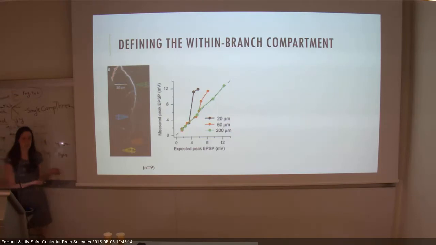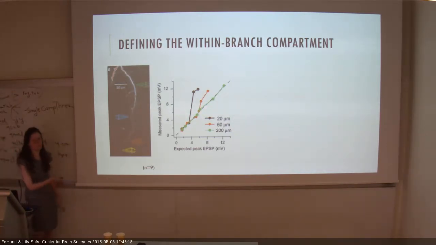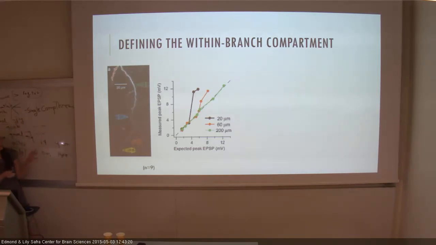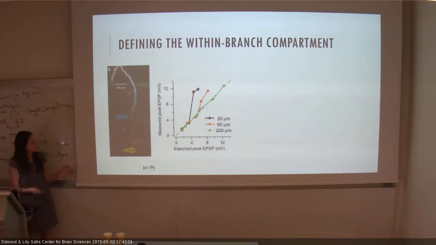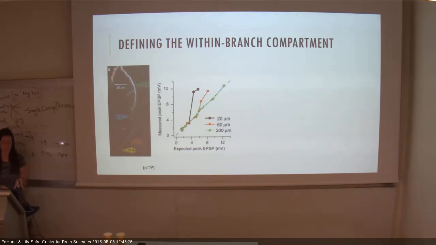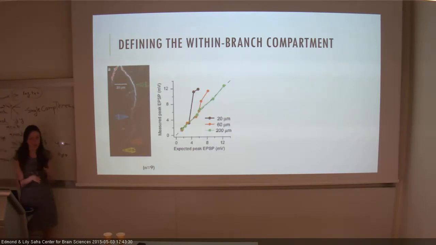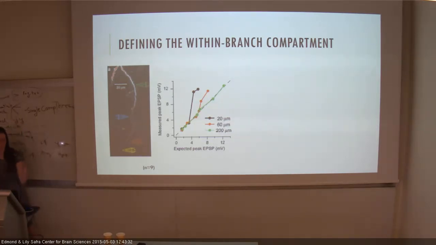In the paper itself, they mention that they tested a different mid-range length, and they report that sometimes they do see the superlinearity, but not necessarily. So this is kind of an indication that the compartment is not really a strict, bounded part of the dendrite, but rather more fluid, with smudgy edges.